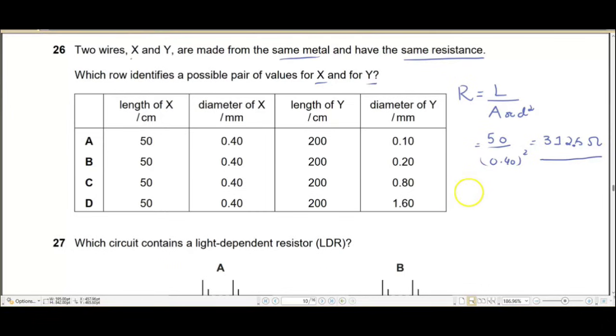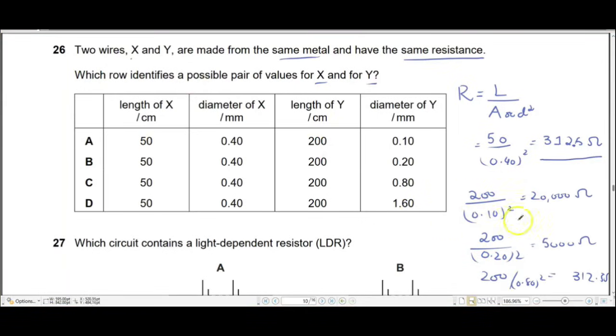First, the length is 200, and this is over here. Let me solve all these and then get back to you. 200 divided by 0.20 squared. So for the first pair of values, our resistance was 20,000 ohms.